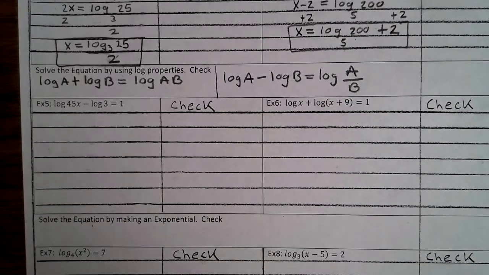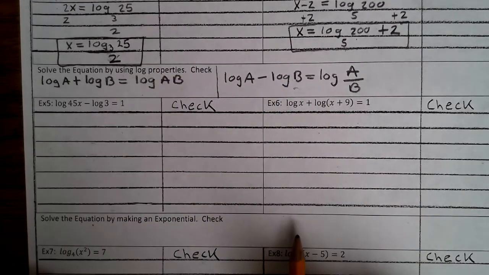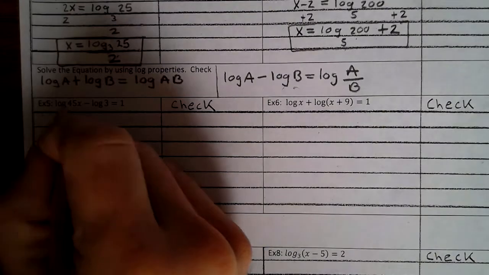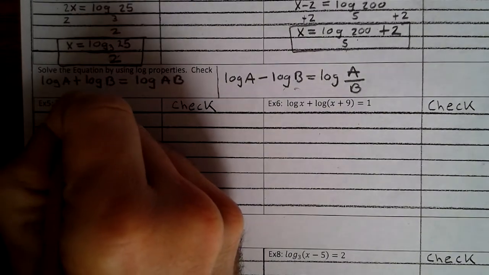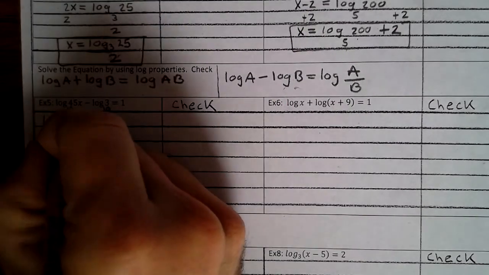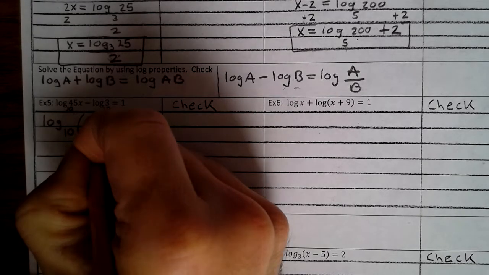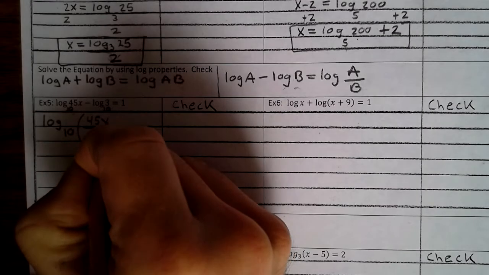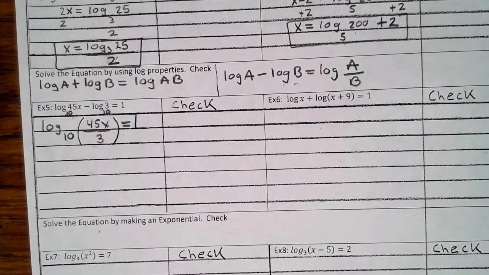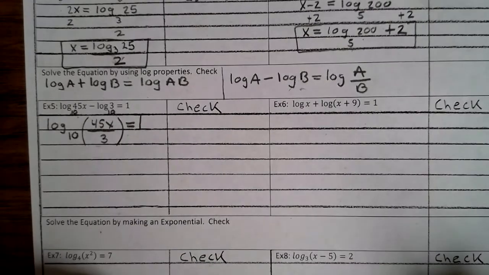Now it looks like example 5 applies to this property here. So that means this becomes, now if there's no base, we assume the base is 10. So log base 10, since we're subtracting, we divide, so that's log base 10 of 45x divided by 3 equals 1. Now what we're going to do is raise both sides by 10, or make the base 10, say it better that way.